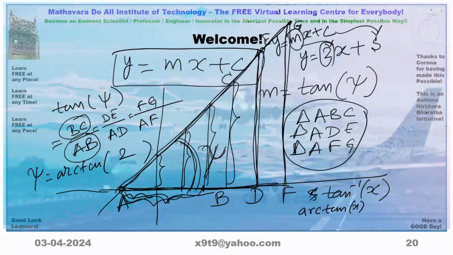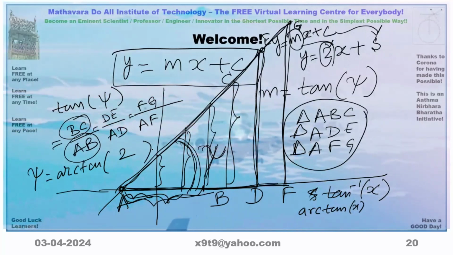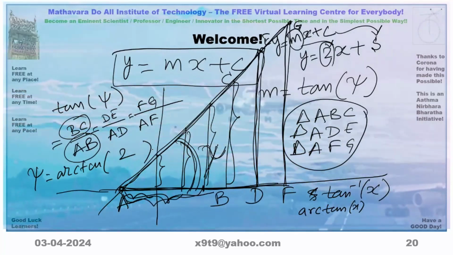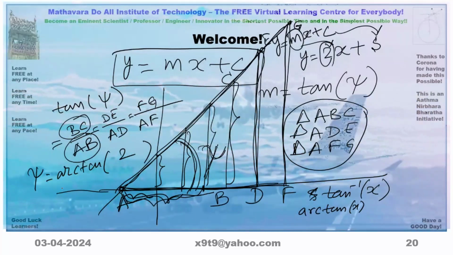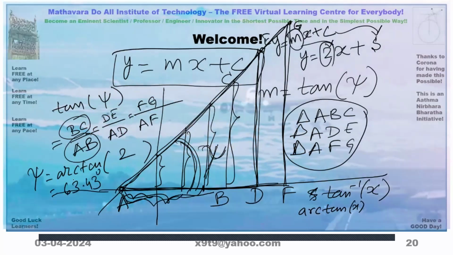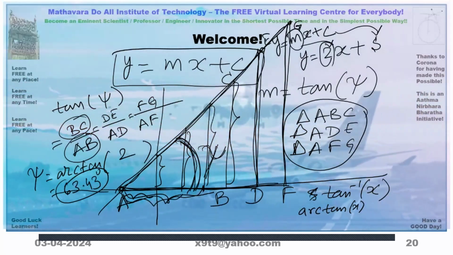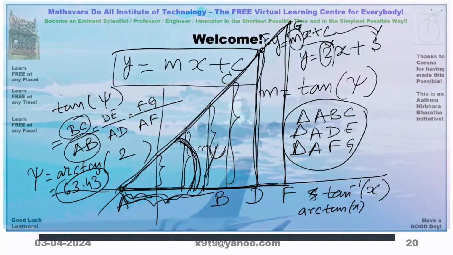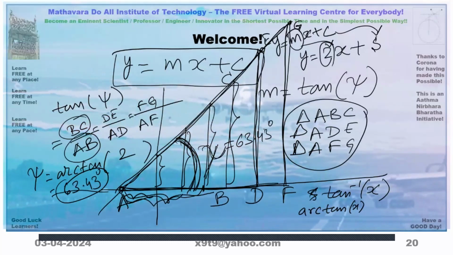So tan inverse, you write that 2. It comes 63.43 degrees. So we get this angle of inclination as 63.43 degrees.